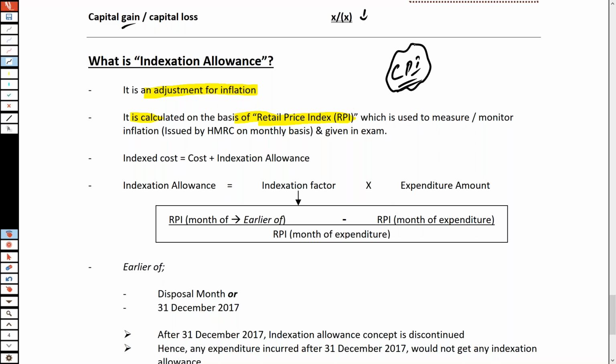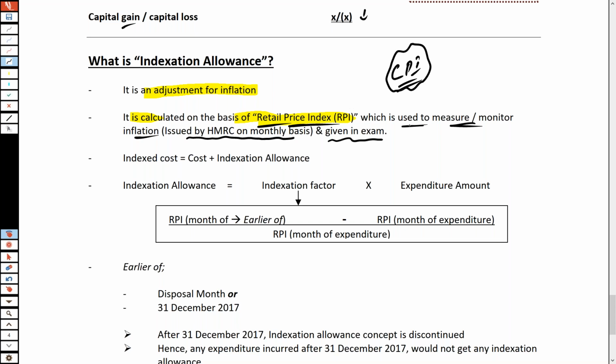But for taxation purposes, if you want to measure inflation, we use RPIs. RPIs are issued on a monthly basis in the UK, and for our exam perspective, they will always be given in exam questions, so nothing to worry about.